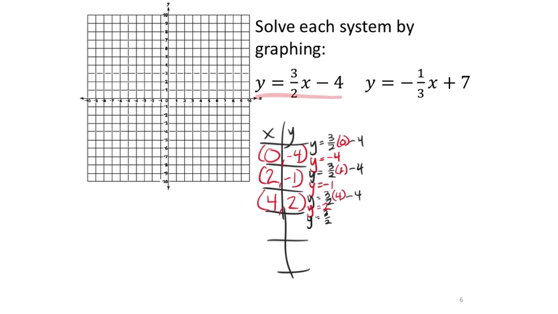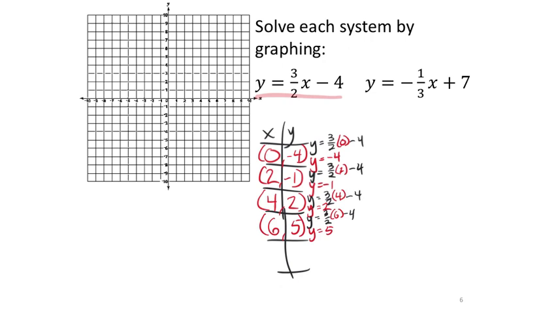So I still have y equals 3/2 x minus 4, and the next value I choose, I'm going to choose a 6, because it is a multiple of 2. So what happens when I take that x and replace it with 6? Then I get a y value that is 5. Now that's pretty good. And again, that's another ordered pair.